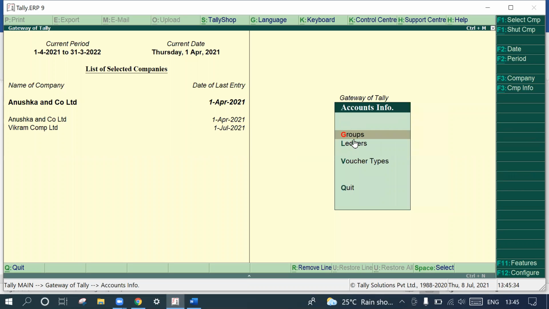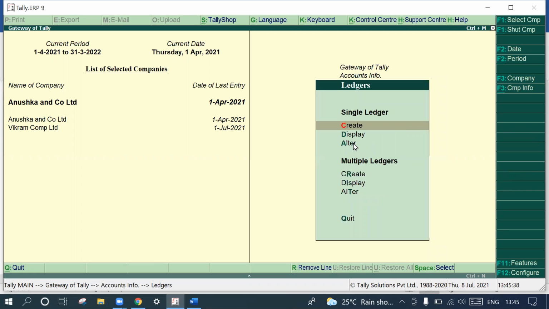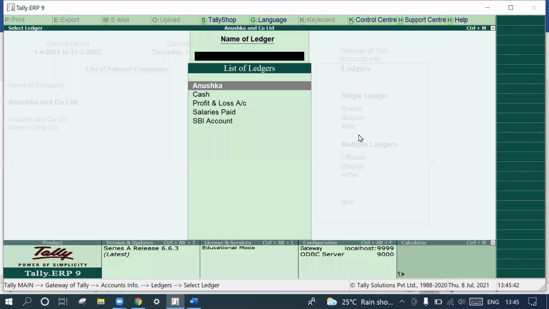What are the ledgers we have created? We have to see the ledgers. If we click on display, we can see the ledgers we have. See, cash and profit and loss accounts are by default ledgers.